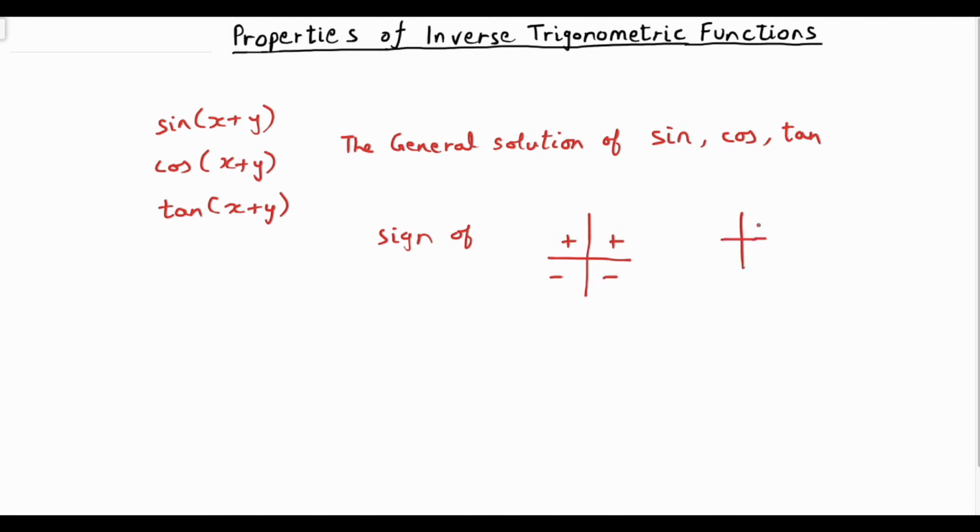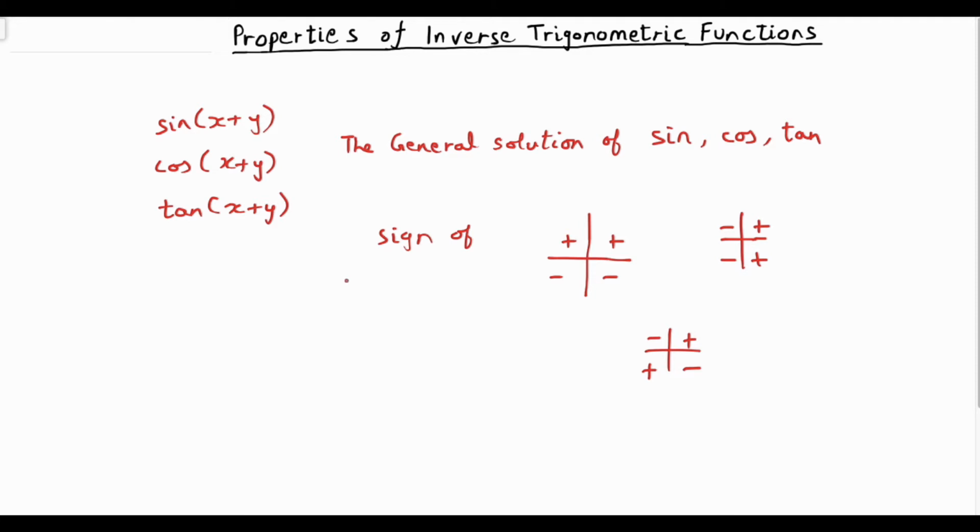Cos is positive in the first, negative in the second, negative in the third, and positive in the fourth quadrant. Tan positive in the first, negative in the second, positive in the third, and negative in the fourth quadrant. So you should know all this before you start watching this lesson. I will cover all these topics in a later lesson.